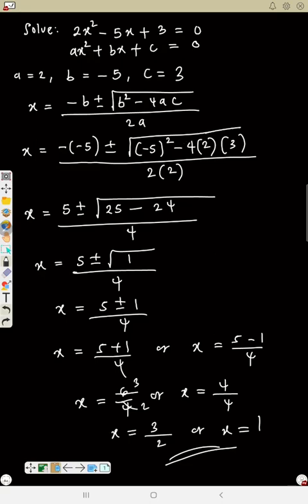So that's it. Now let's see another example. Solve 3x squared plus 4x minus 5 equals 0.